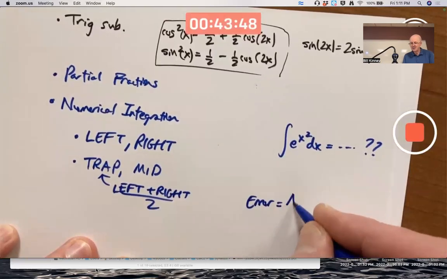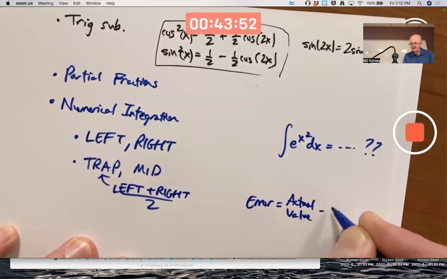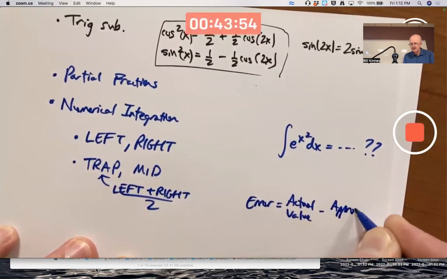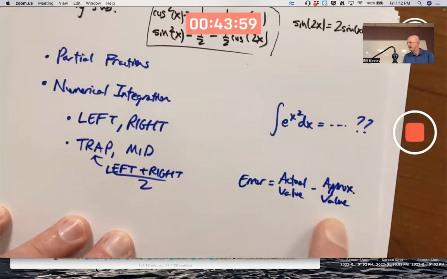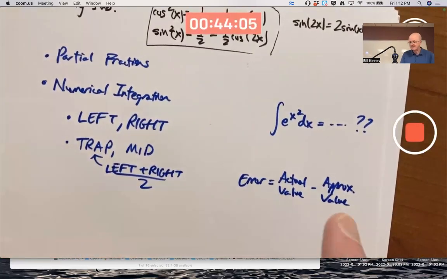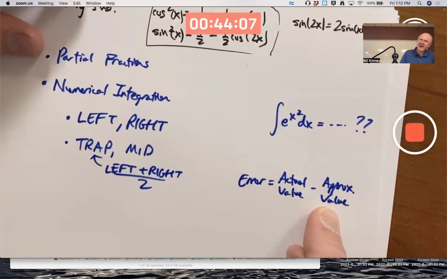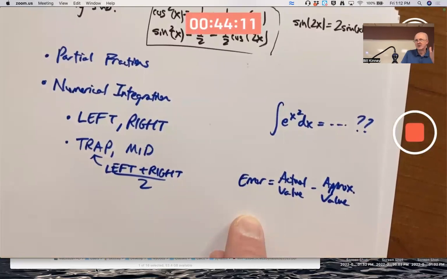Error is actual value minus approximate value. And it's convenient because that goes in alphabetical order, actual before approximate. That does tell you that if your approximation is too big, the error is actually negative. It's a little confusing, but that is the standard way to do it.